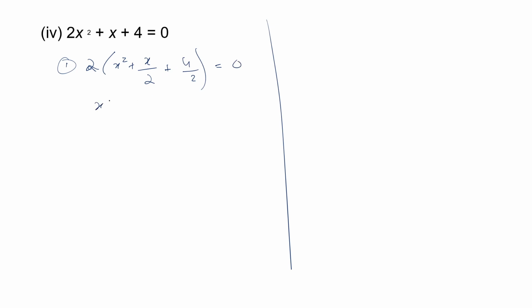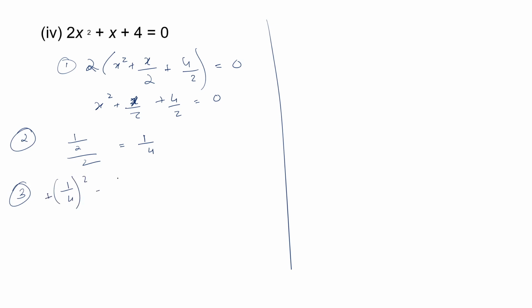Okay. So x square plus x by 2 plus 4 by 2 equal to 0. First is done. Second is, what is the coefficient of x? 1 by 2. Divide that by 2. So you will get 1 by 4. The third step is square that, add and subtract that, to where?